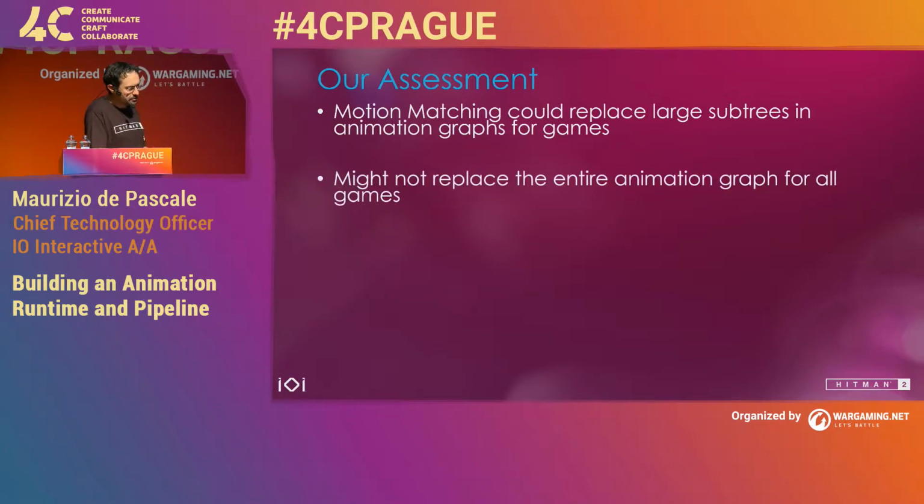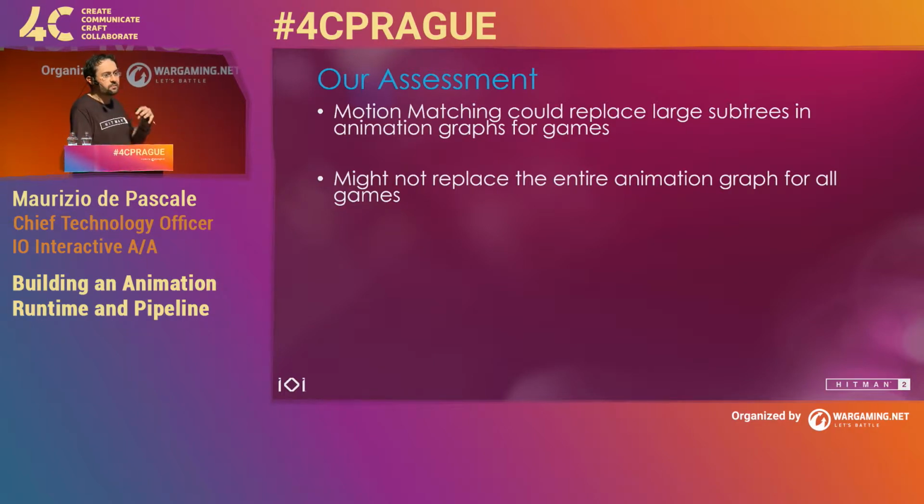At the same time, we don't believe that it can replace it all, or that even if it can, it might just not be worth it. I'm thinking about stuff like in-game cutscenes, parametric aiming spaces, head look at, more general upper body layering, and those kinds of things. Things that are simple enough to be solved confidently with the techniques that we use today.